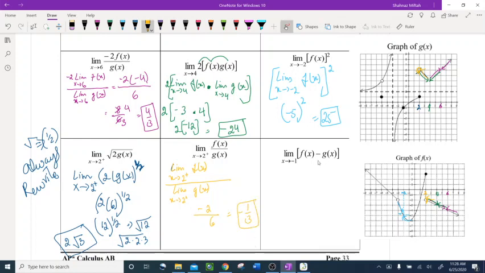Let's go back here. Let's rewrite it using properties: the limit as x approaches negative 1 of f of x minus the limit as x approaches negative 1 of g of x. If you pay attention, I'm going, sorry, negative 1 from left and right both.